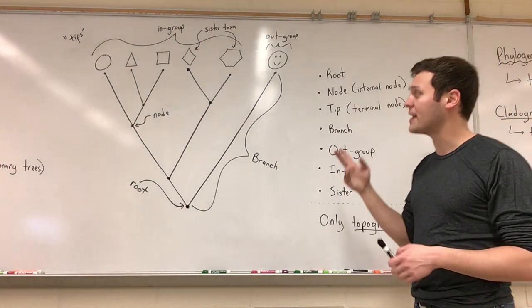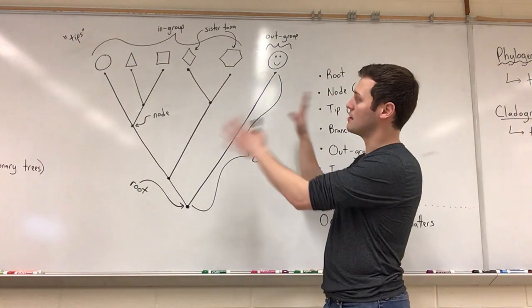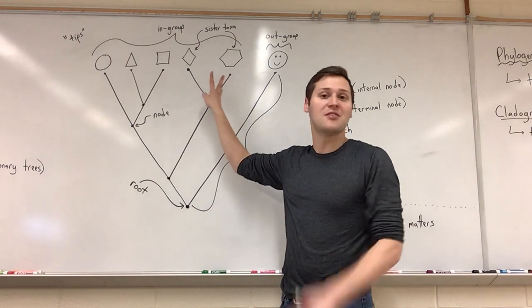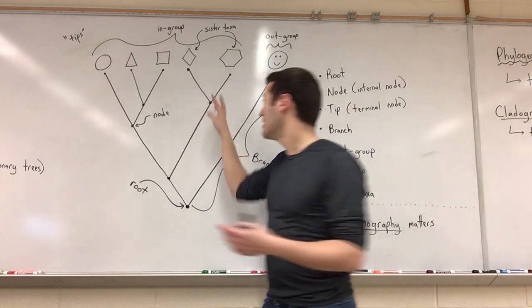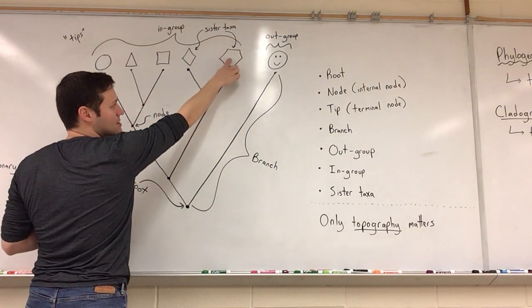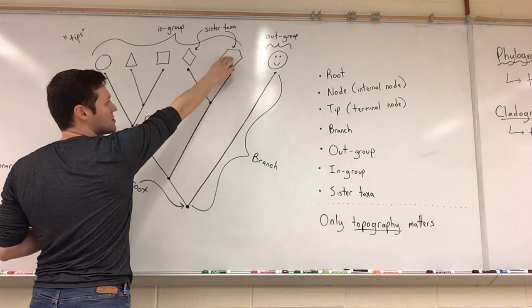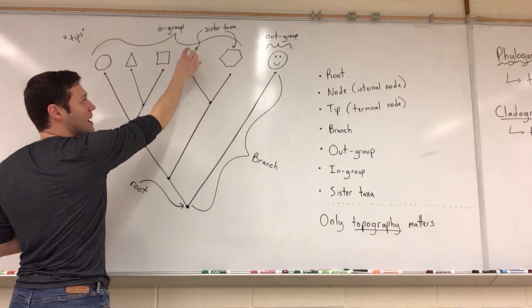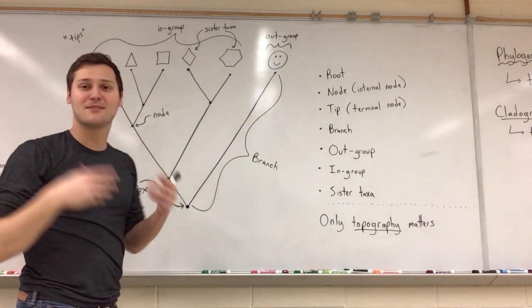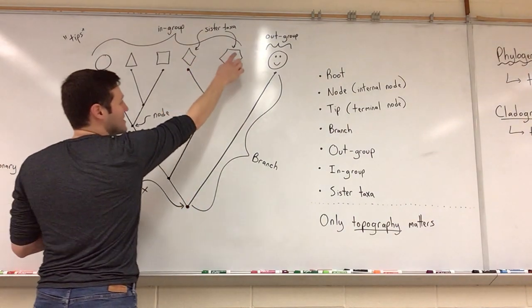Now, I also want to point out that I drew it like this, but we very well could have easily flipped these two, and this would still be considered accurate. This would still be the same if we just flipped this and had this hexagon species in this spot, and this diamond species in this spot, right?